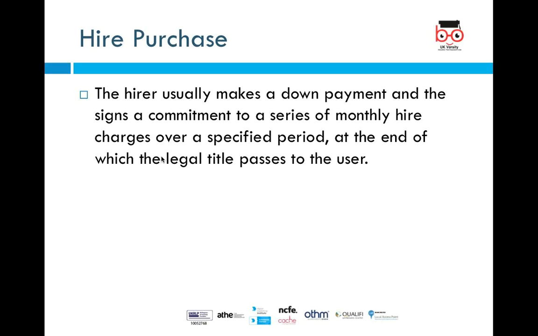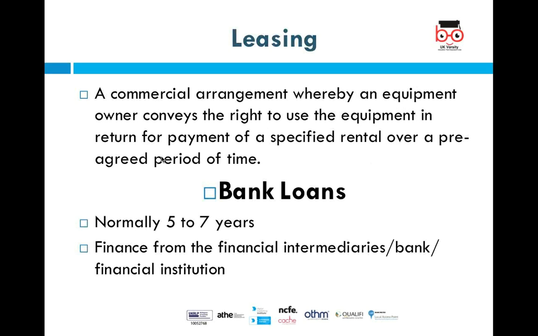It could be for a factory or some big asset they can get with the down payment, and then they pay equal installments, and when the installments finish, they become the owner of that product or property. That's hire purchase, a source of money.